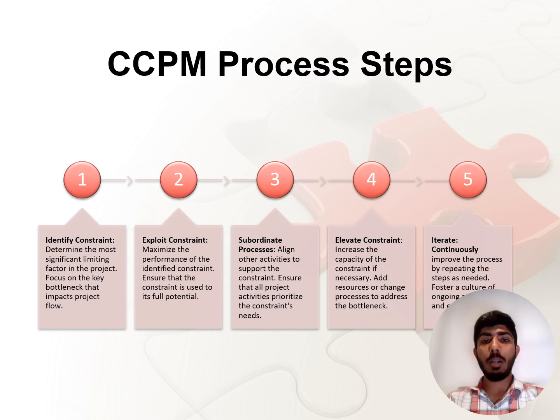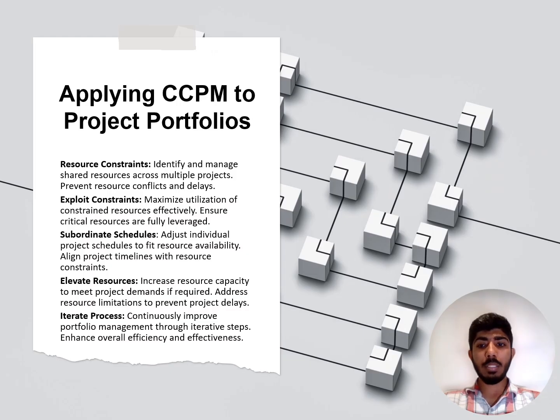Now we'll talk about applying CCPM to project portfolios. It means managing shared resources across multiple projects. Imagine you have several Lego sets but only one instruction booklet, so you need to prioritize and allocate resources efficiently.